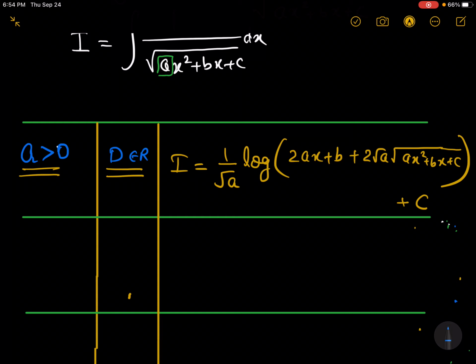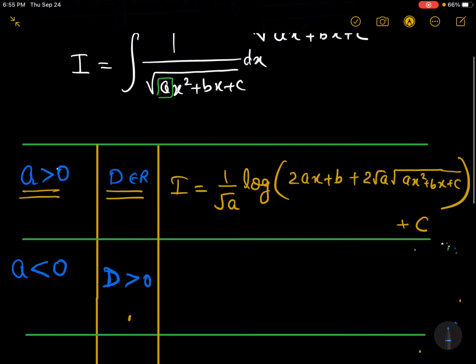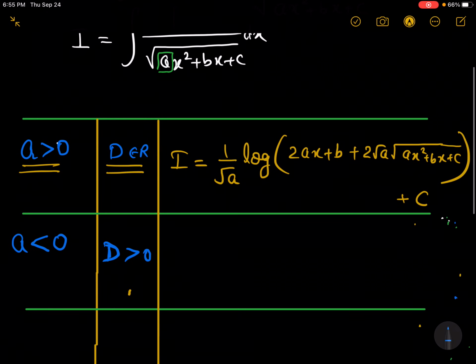Again, suppose a is less than 0. If a is less than 0, then d should be greater than 0. Then the answer will be available, otherwise there is no answer. So students, if a is less than 0, then we have to find d also, and d should be greater than 0.